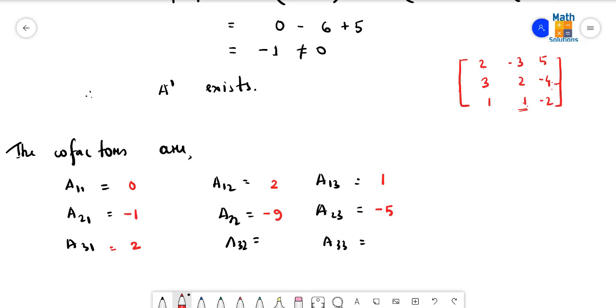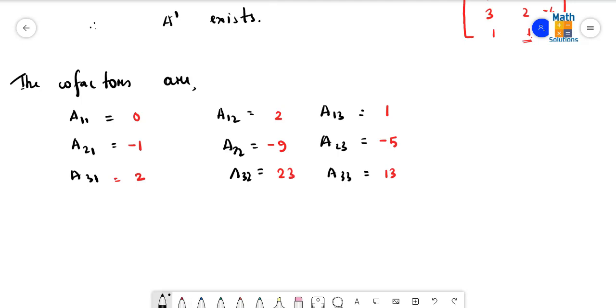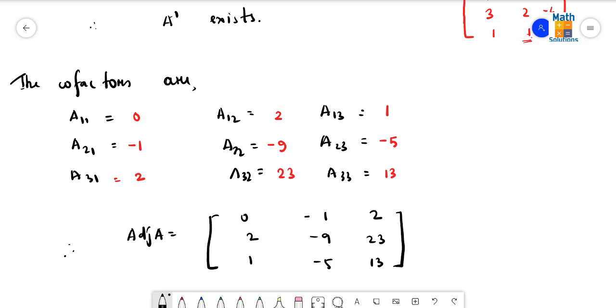Then 15 minus 8 minus 15, then answer will be 23. And for A33, it will be 13. So the adjoint will be, therefore, taking the transpose directly: 0, then minus 1, then 2, then 2 minus 9, 23, then 1 minus 5, the result here is 13. So these are the results we are getting here.